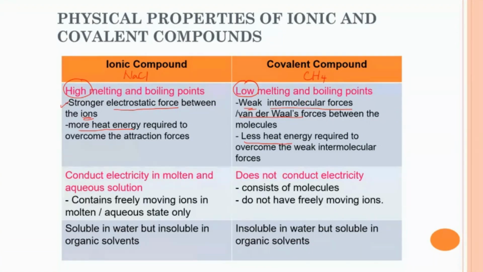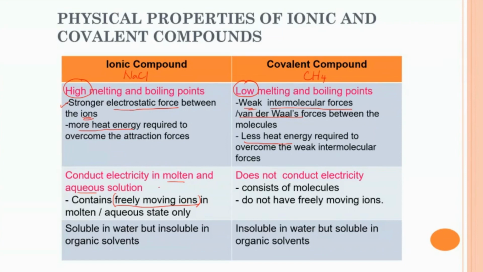Next is the electrical conductivity. Ionic compounds can conduct electricity in the molten and aqueous solution. Why? A very simple one: it has freely moving ions. So remember, when we talk about electrical conductivity, you will focus on the freely moving ions.